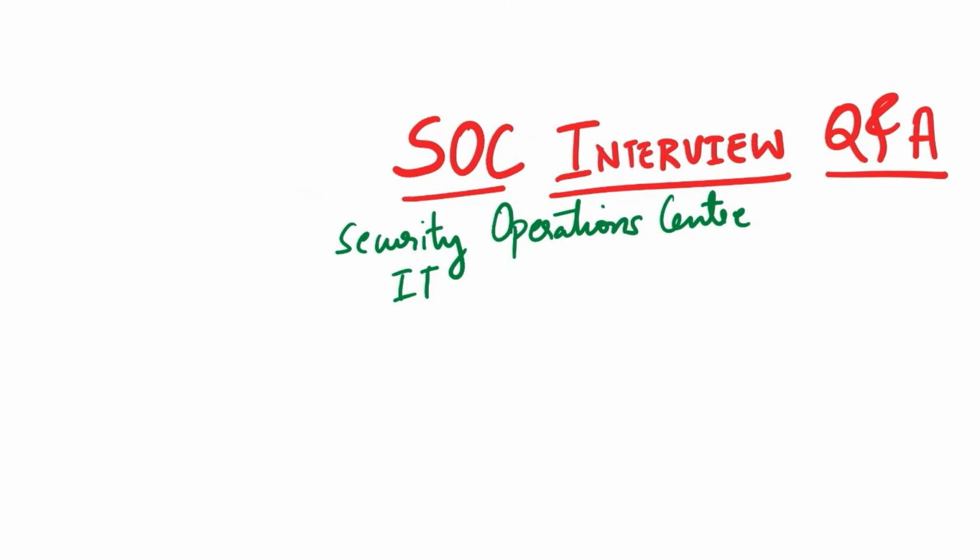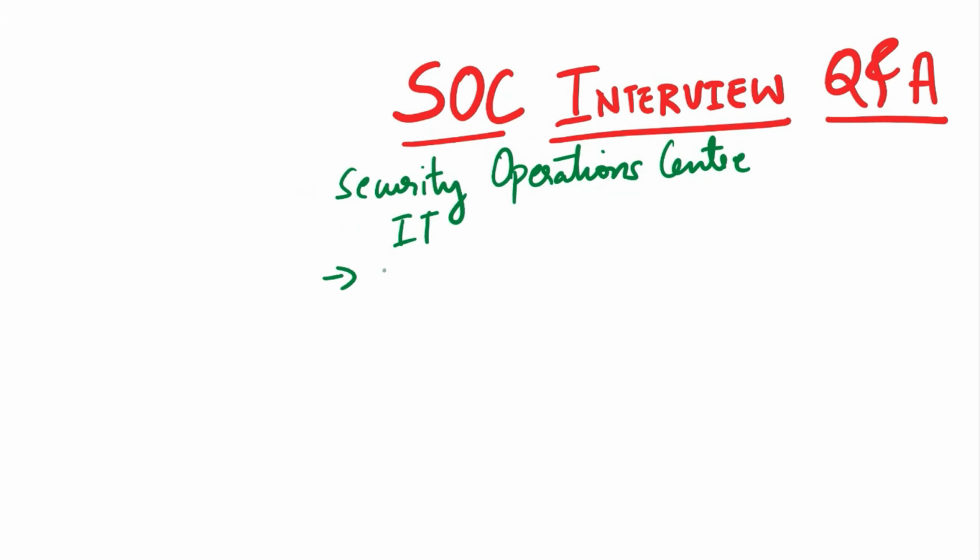Let's see some of the key functions and responsibilities of a SOC. First one is monitoring. That is continuous monitoring of network traffic, system logs, and security events in real time to identify potential security incidents. Next is incident detection.